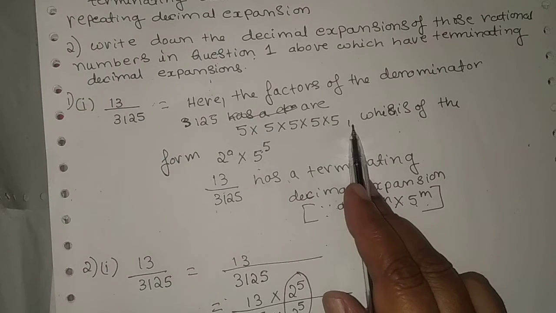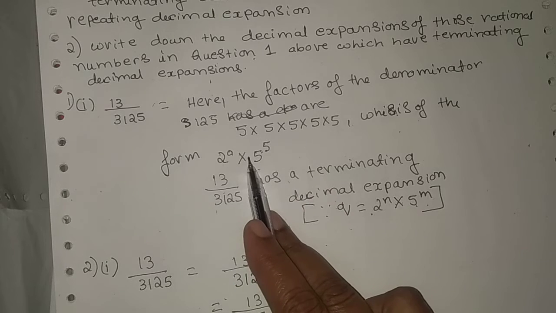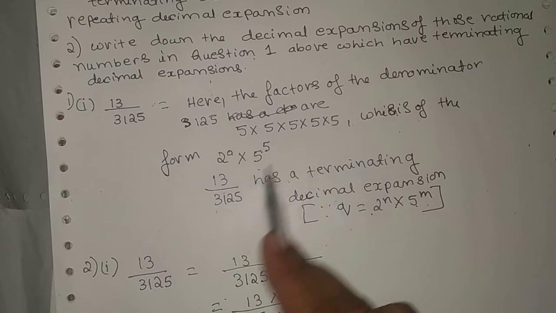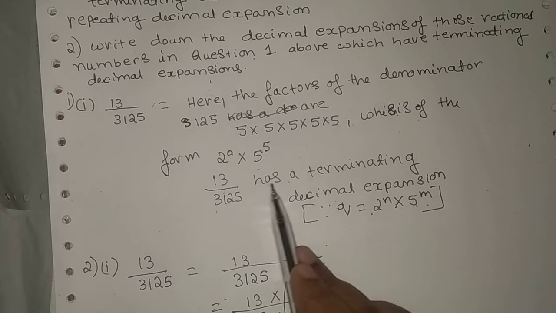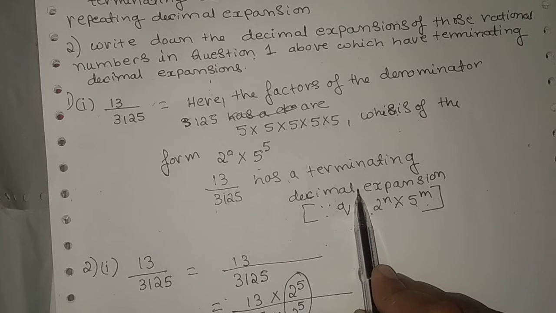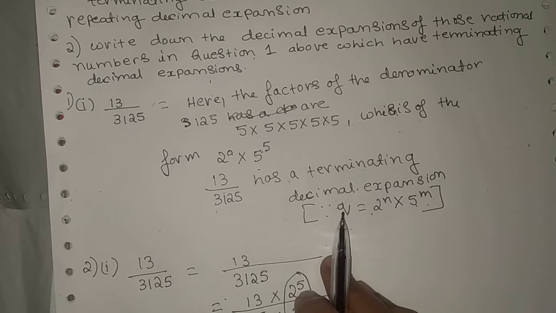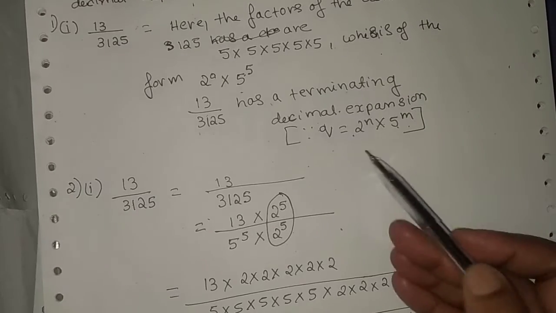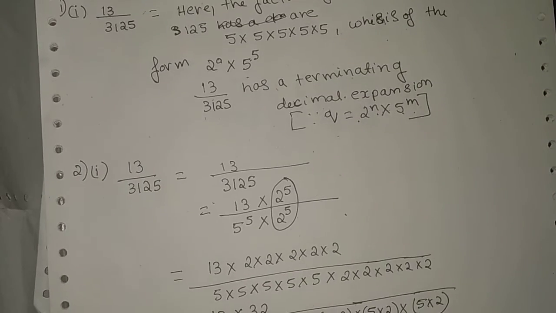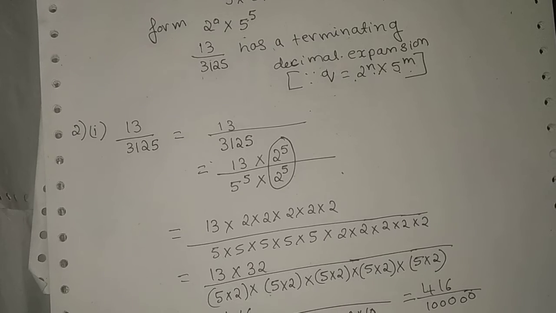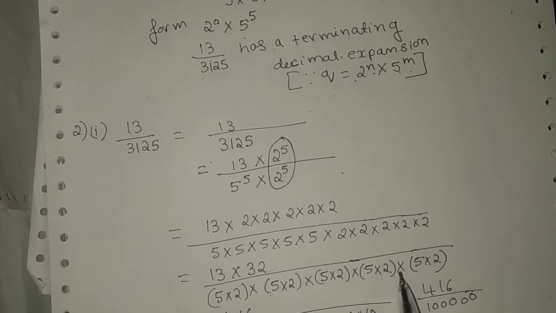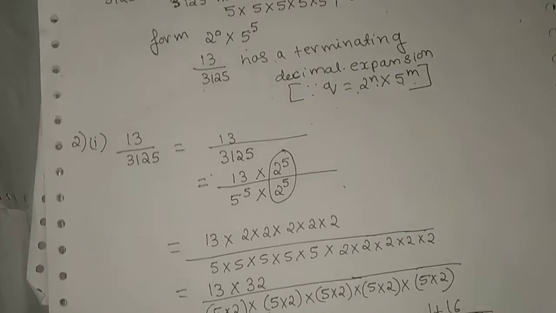Directly write this and bring it to the form 2 power n into 5 power m. Then tell whether it is a terminating or non-terminating decimal expansion. If we get a terminating expansion, we write it in decimal form, which is called the decimal expansion of the rational number. So we continue with the second one.